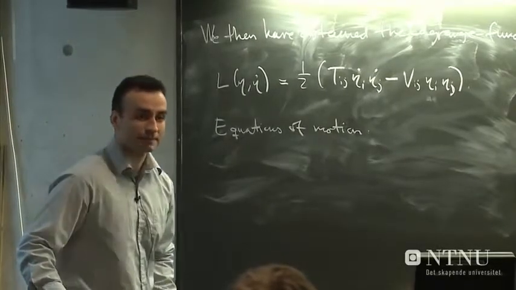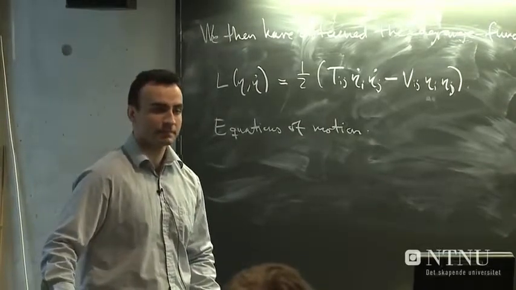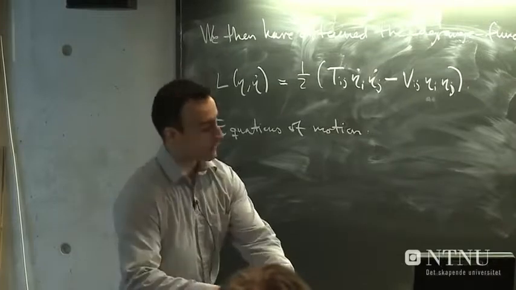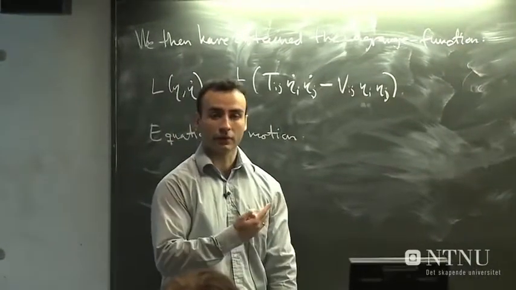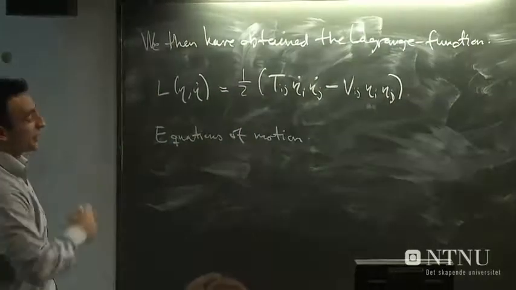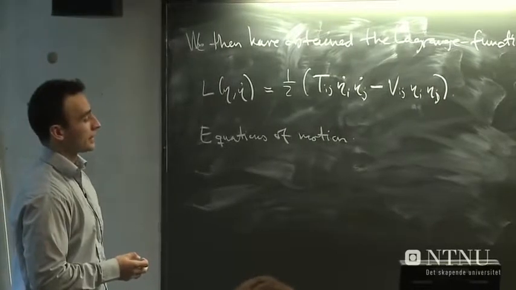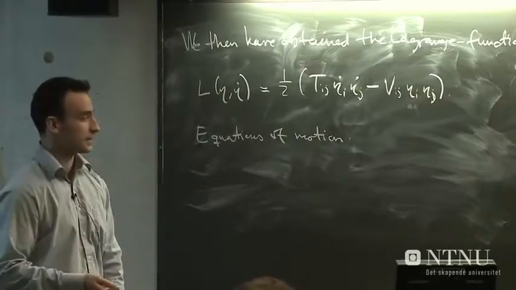Any thoughts? Well, I guess nothing obvious comes to mind because unfortunately we don't have any cyclic coordinates here. So for now it seems we're stuck with this, but at least we know that energy should be conserved because we have no explicit time dependence.